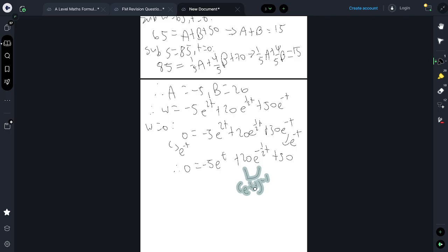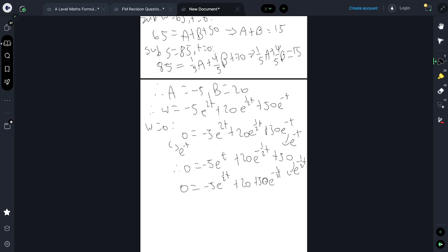Okay, let's instead try times by e to the minus a half t here maybe. So then 0 would be minus 5e to the a half t, plus 20, plus 50e to the minus a half t.